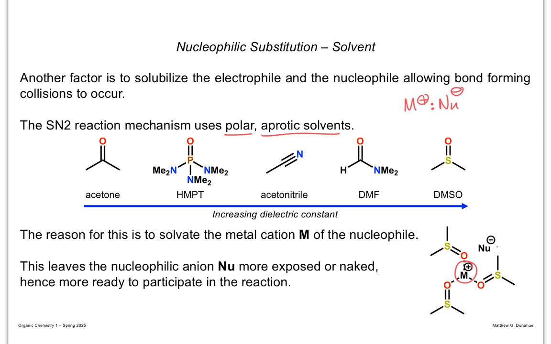Because again, it has that lone pair that has to participate. So if you're taking away that metal cation, the nucleophile lone pair is free to do its business. Any questions?